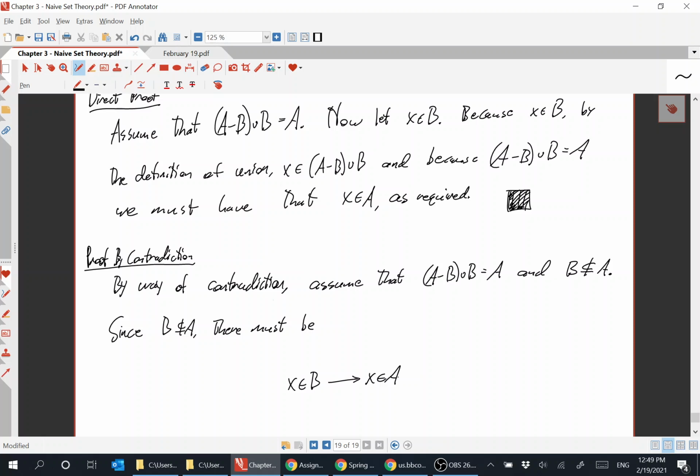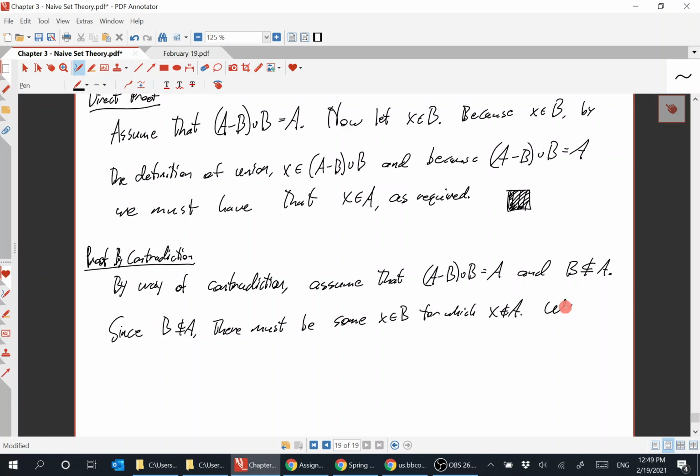Specifically, X is an element of B but not an element of A. There must be some X in B for which X is not an element of A. There's something in B that's not in A.